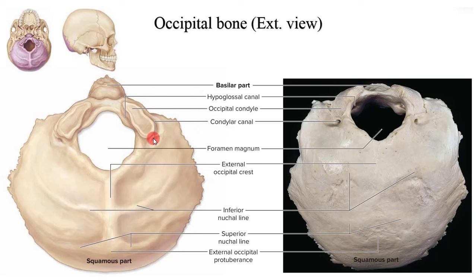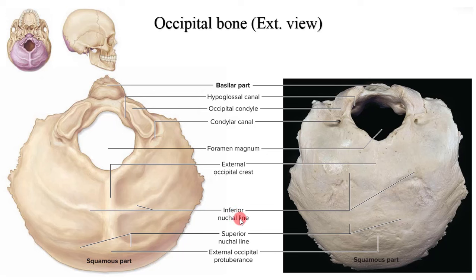Some prominent ridges appear on the external surface of the occipital bone. The external occipital crest projects in the posterior direction from the foramen magnum, ending in the external occipital protuberance. Intersecting the external occipital crest are two horizontal ridges, the superior and inferior nuchal lines.